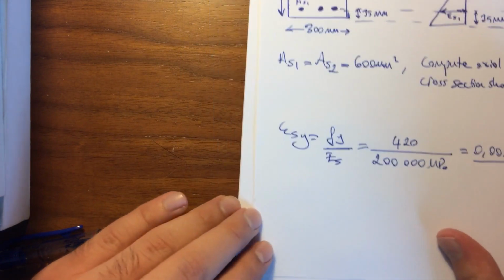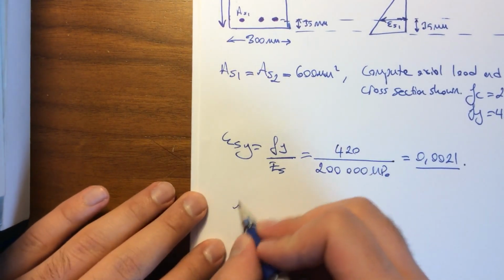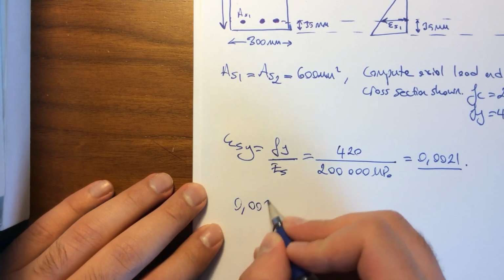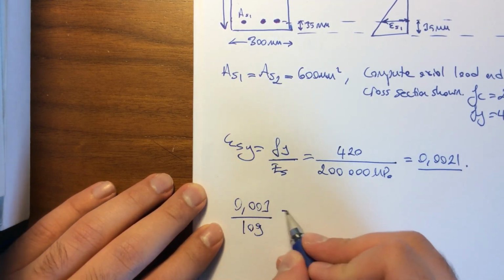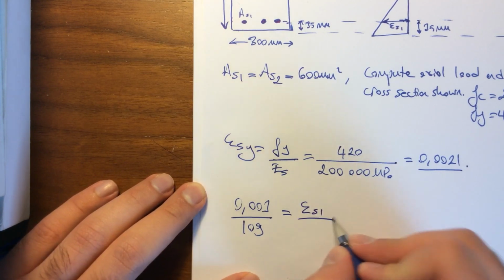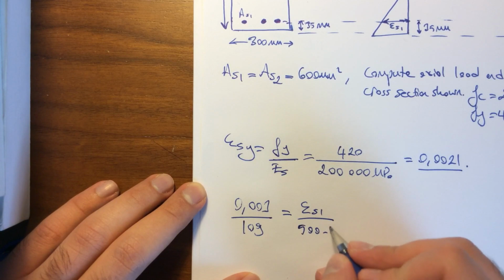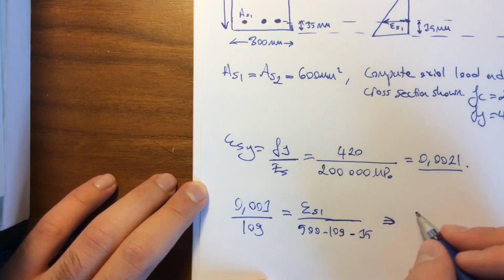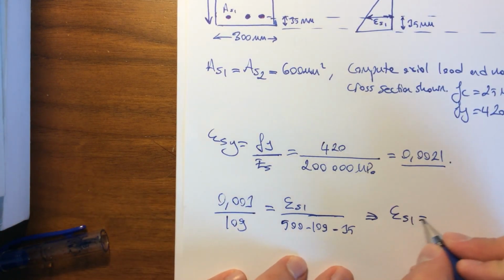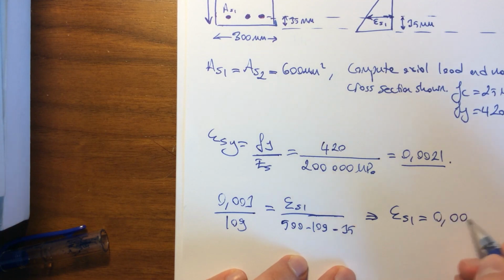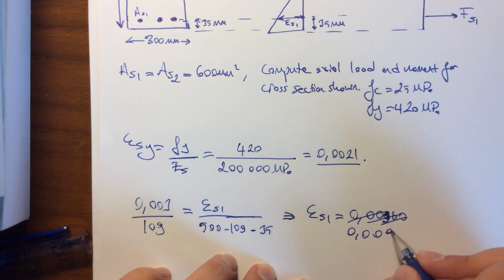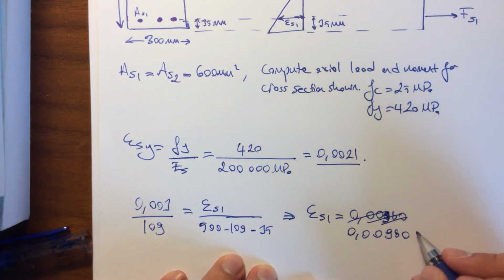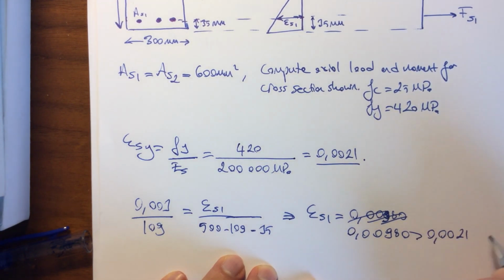So let's express this: 0.003 divided by 109 equals ES1 divided by 500 minus 109 minus 35, and we get ES1 as 0.00980, which is greater than 0.0021.